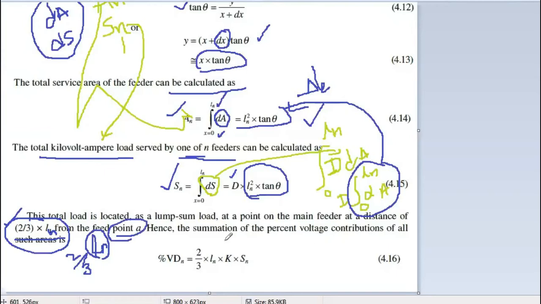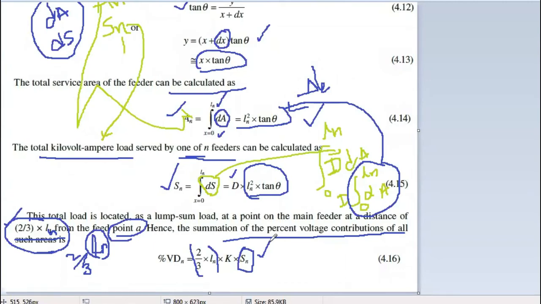Hence, the summation of the percentage voltage contribution of all such areas, given by the percentage voltage drop, is given by 2/3 Ln, the distance, multiplied by the kVA load, the total kilovolt amperes of that feeder.